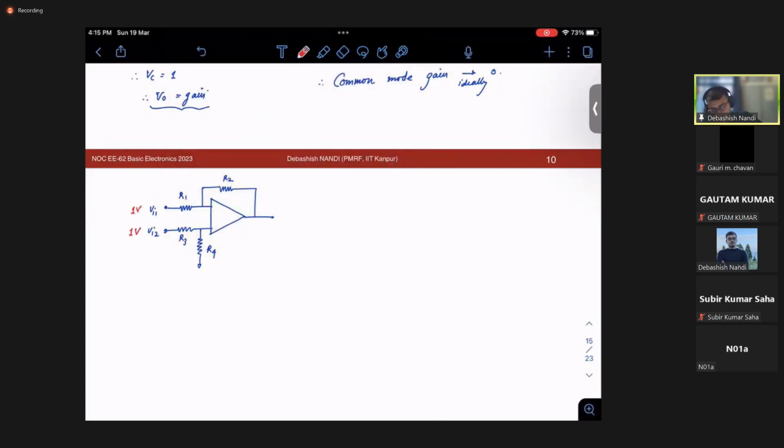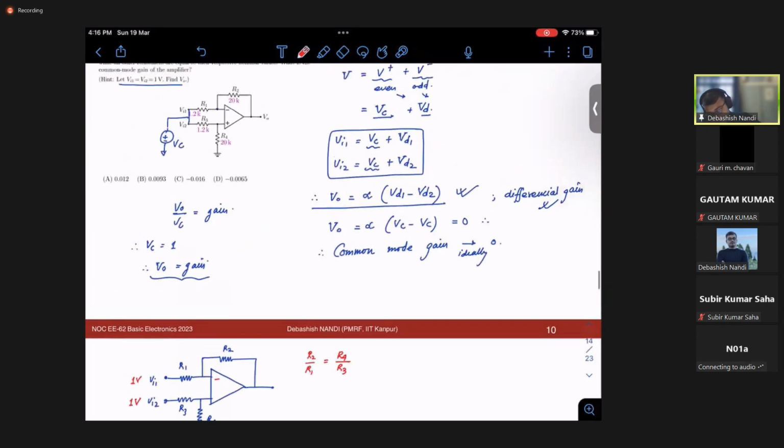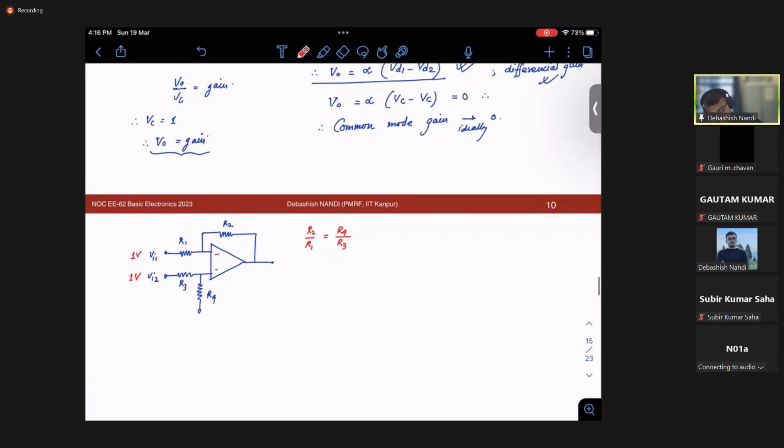Whatever the sign, it can take any sign, but you have to have negative feedback, so it should be minus. So if this condition is true, then what is my V naught? Can anyone tell me, if this condition is true?